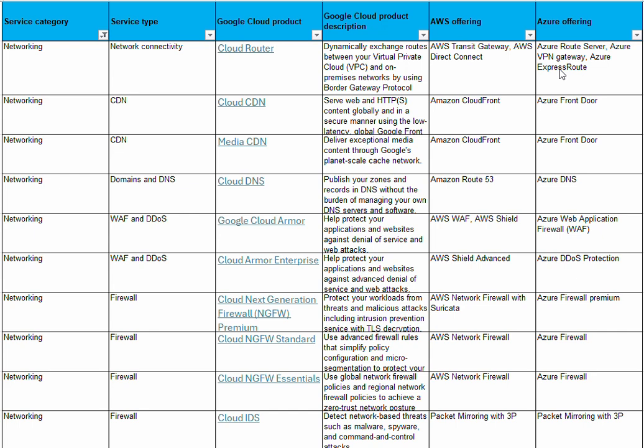The next thing is domain and DNS. Domains and DNS are paired services. First we'll look at the DNS. DNS is a name resolving resource.